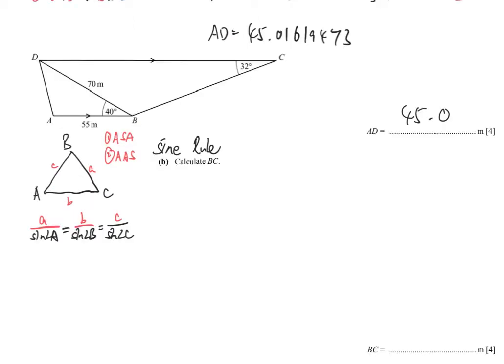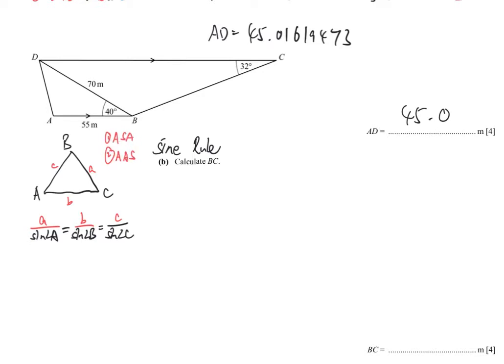Then we come to question B. This time we will use the sine rule. The sine rule is most suitable for ASA and AAS type triangles, so two angles and one side is the best.